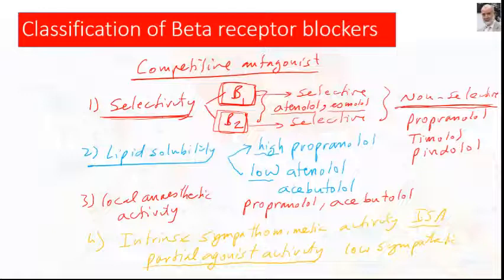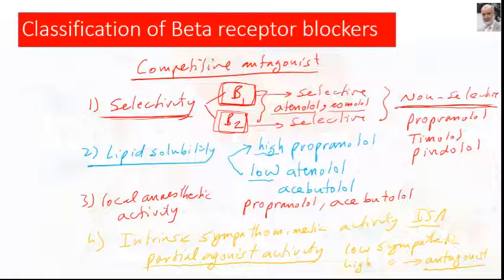And the opposite, if the sympathetic activity is high, they will act as an antagonist. This is the property of a partial agonist, as we have explained before.